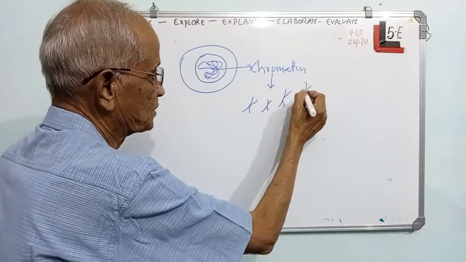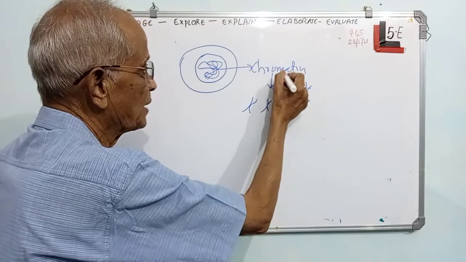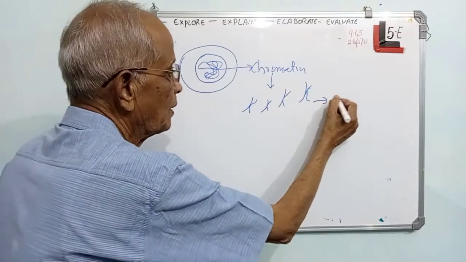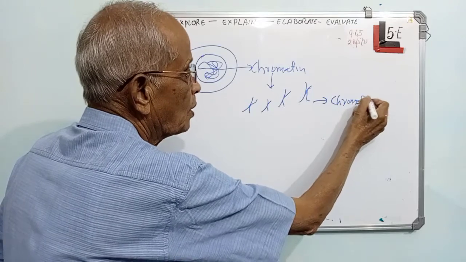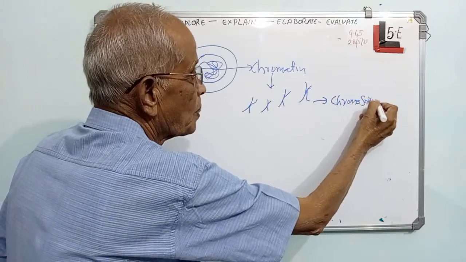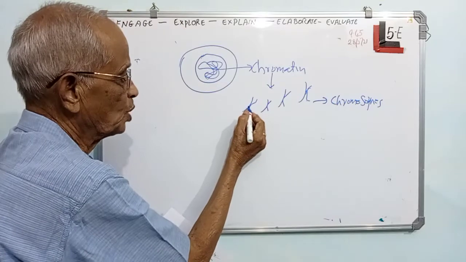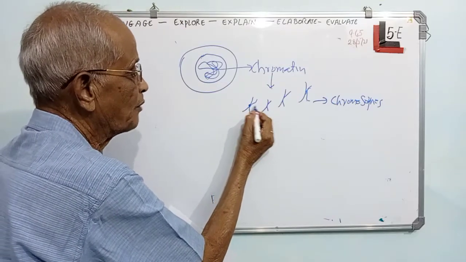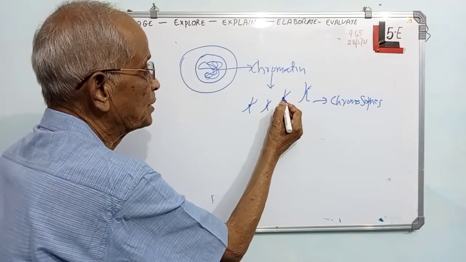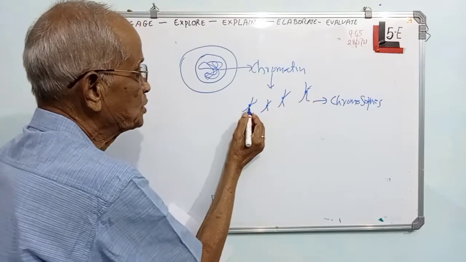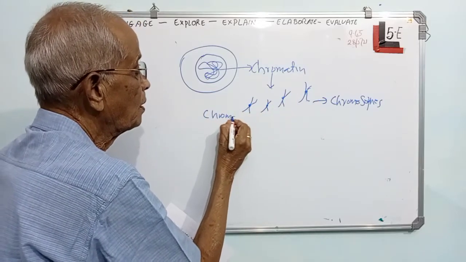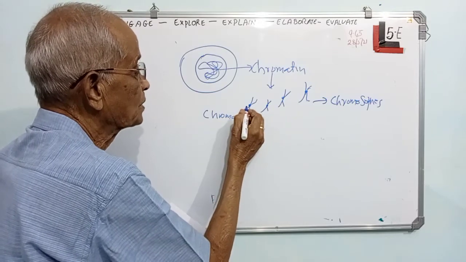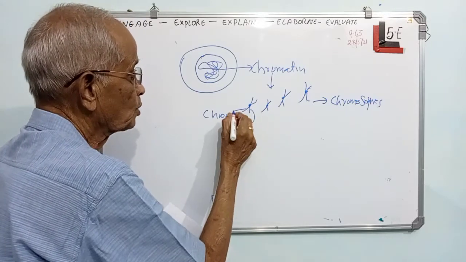These small thread-like structures will be chromosomes. So each chromosome will have a central centromere attached to that one. Each will have 2 chromatids. 1, 2. They are chromatids.